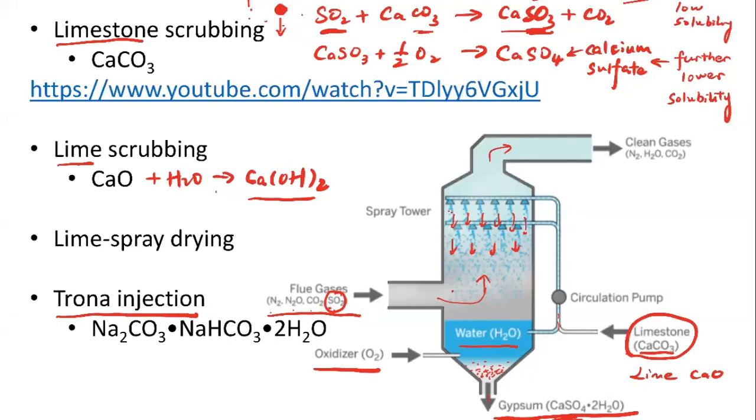And that's lime spray drying. So what lime spray drying means is basically we're going to get rid of this reservoir here, okay? So what we can do is we can better control the size of these droplets. So for example, originally, let's say these droplets are 1 millimeter large, okay?